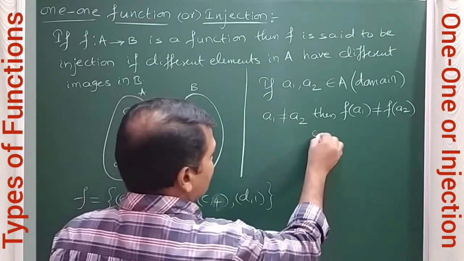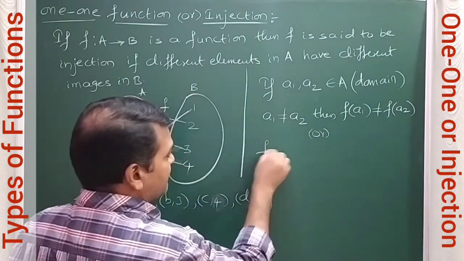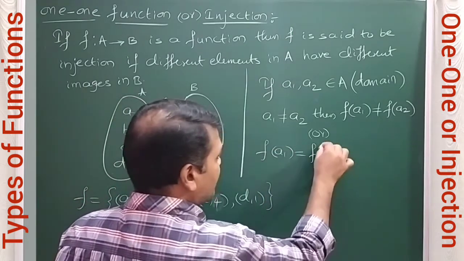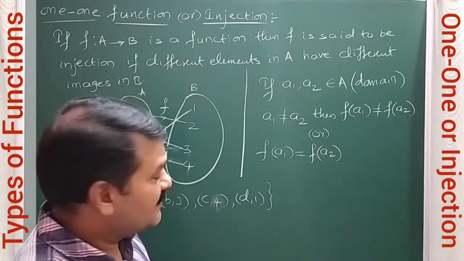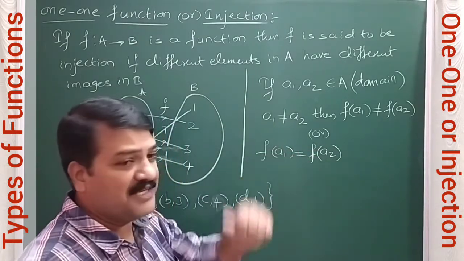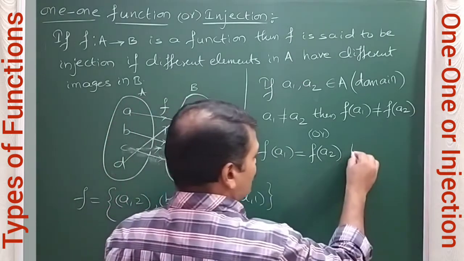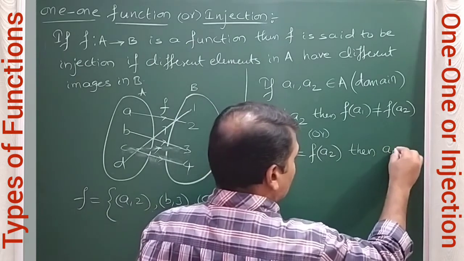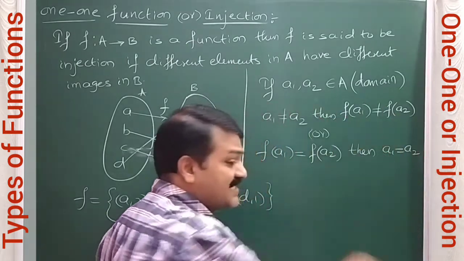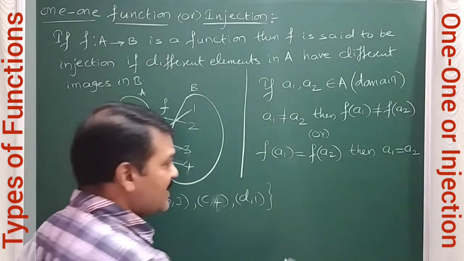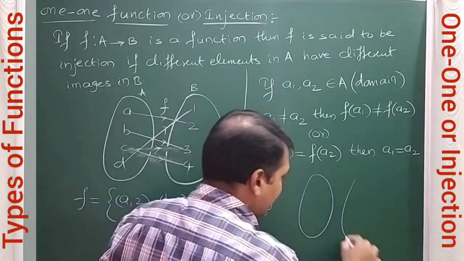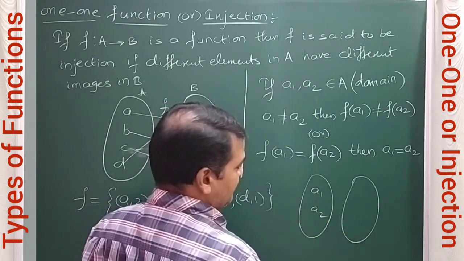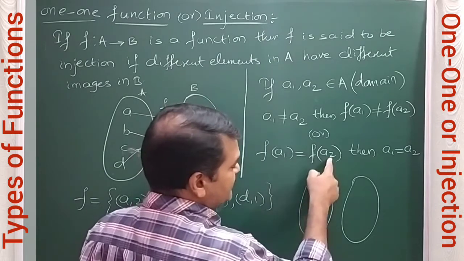Or you can write it like this also. For example, if the image of A1 is the same as the image of A2, let us assume the images are the same. But this should not happen, no? Therefore, when images are the same, you have to take that the elements are also the same.